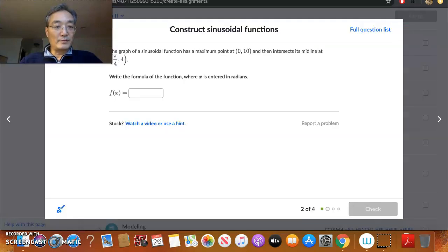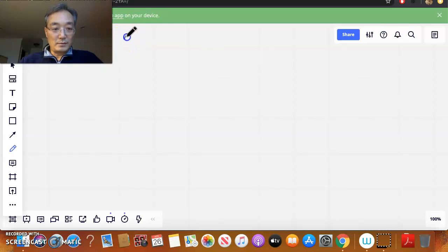What's the information? Max is at 0, 10. So much lag here. Max at 0, 10.